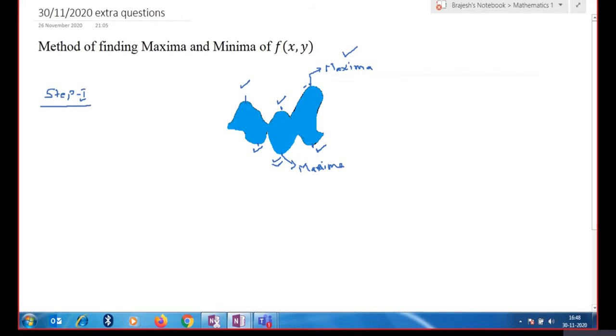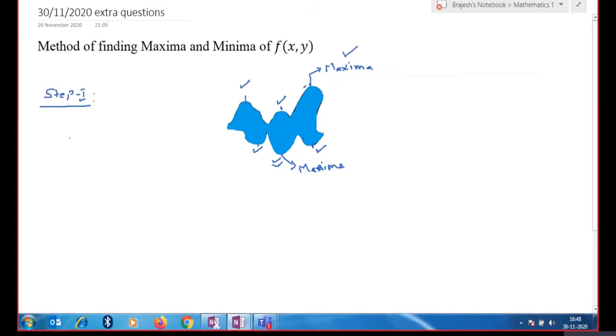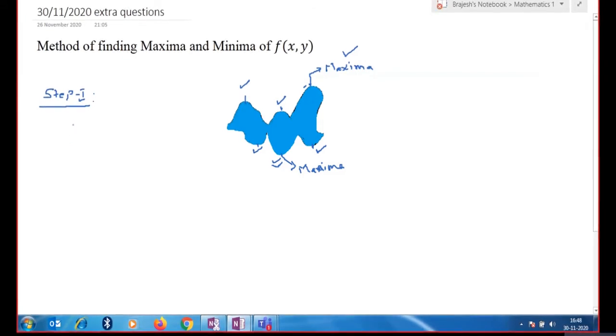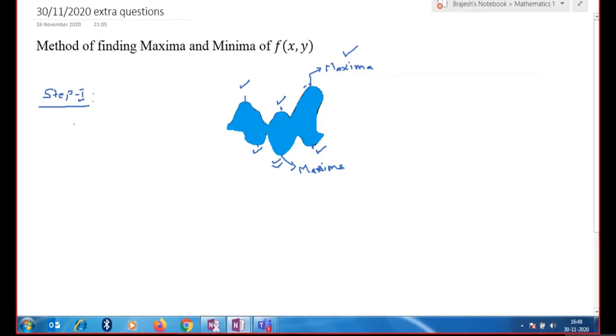Step 1 is what you have studied earlier, maybe in 11th or 12th standard. To find the maximum and minimum, we differentiate the function and put it equal to 0.